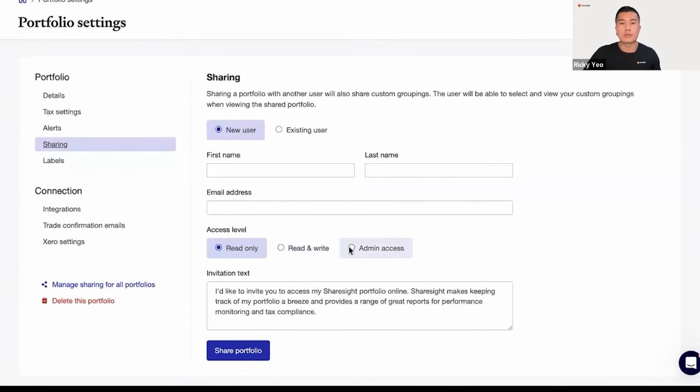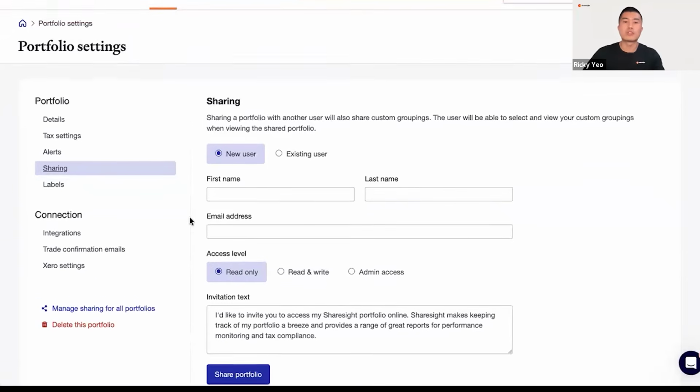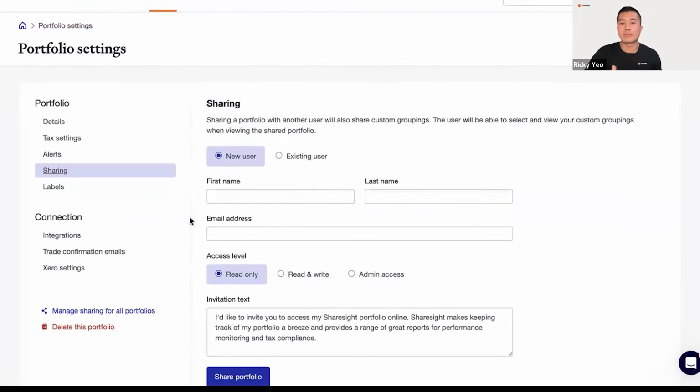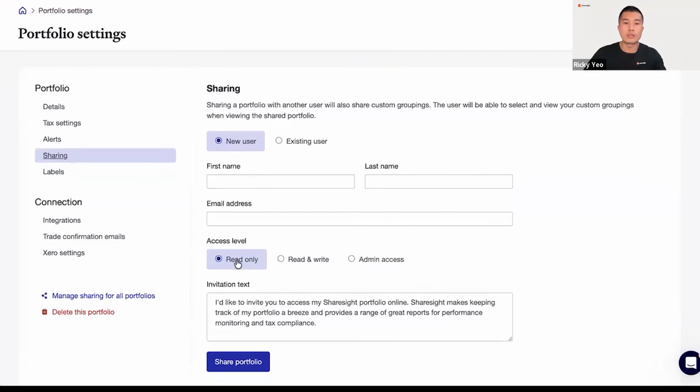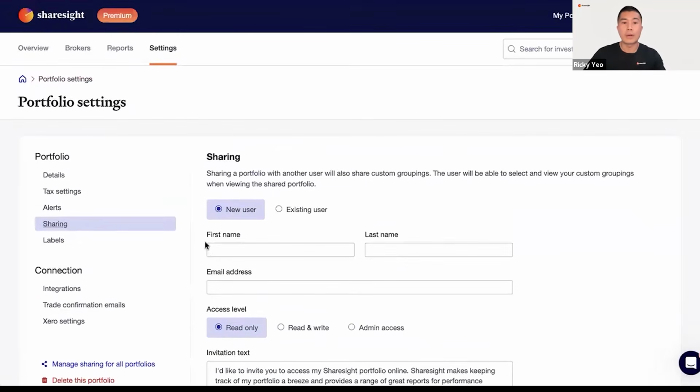Not admin access. Don't give them admin access. Read only or read and write is fine. But in most cases, if they just want to grab the report, read only is more than enough. That way you make sure they don't accidentally alter your portfolio. Read only is totally fine. But yes, they will have access to all the reports and all the trades.